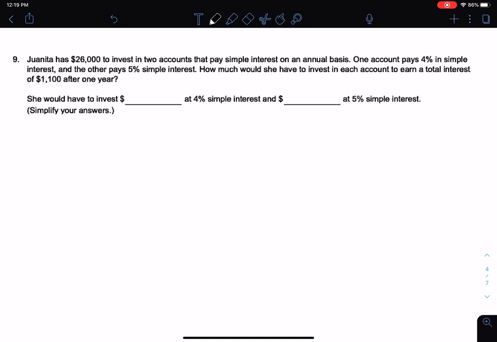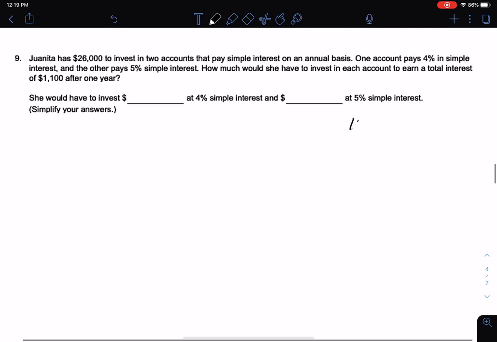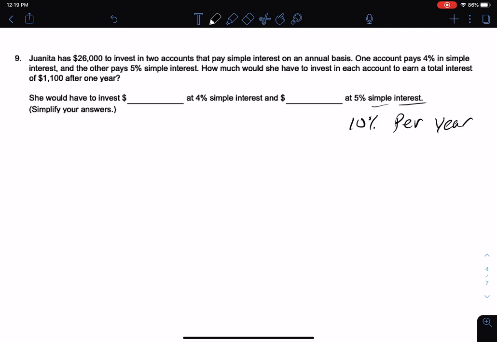So this problem requires you to understand simple interest. Let's take a quick look at that. An example of simple interest would be if I told you that the bank would pay you 10% per year simple interest.